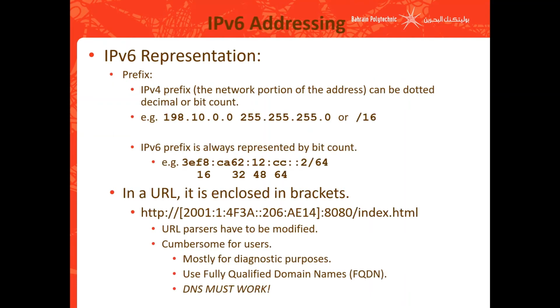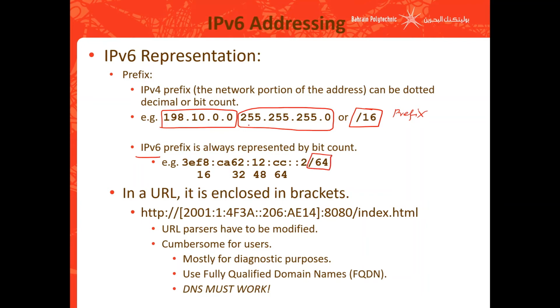So, how do we represent IPv6? If you remember from IPv4, we used to have the address itself, and then we had the subnet mask, or we could even use the CIDR or the prefix to represent the subnet mask. But in IPv6, the prefix is always there.